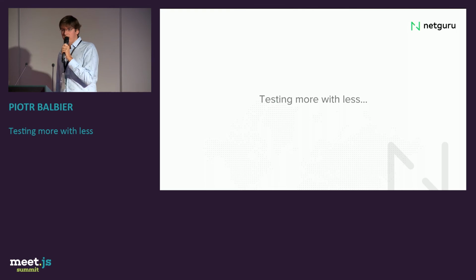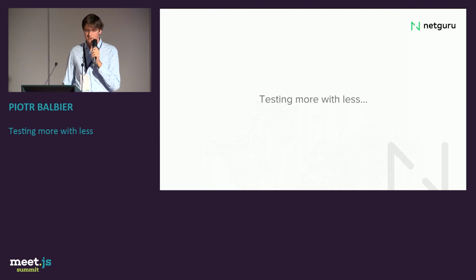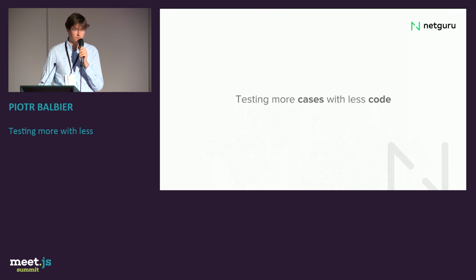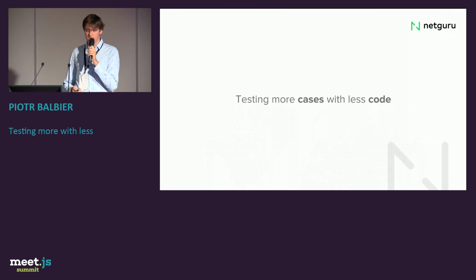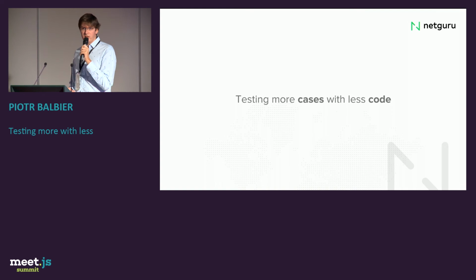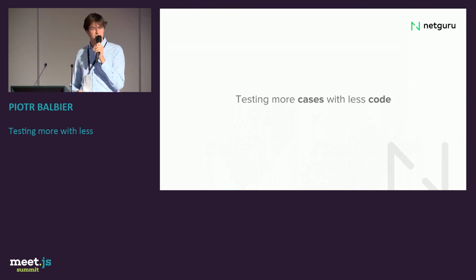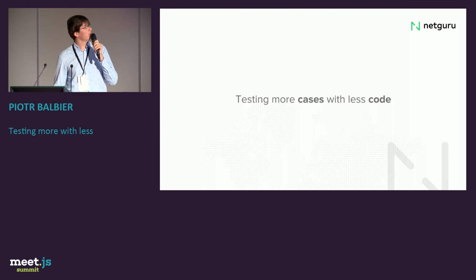So the title, testing more with less. When it comes to generative testing, it's actually testing more cases, more data inputs, with less code written, because each single test can make it test from hundreds to thousands of cases.